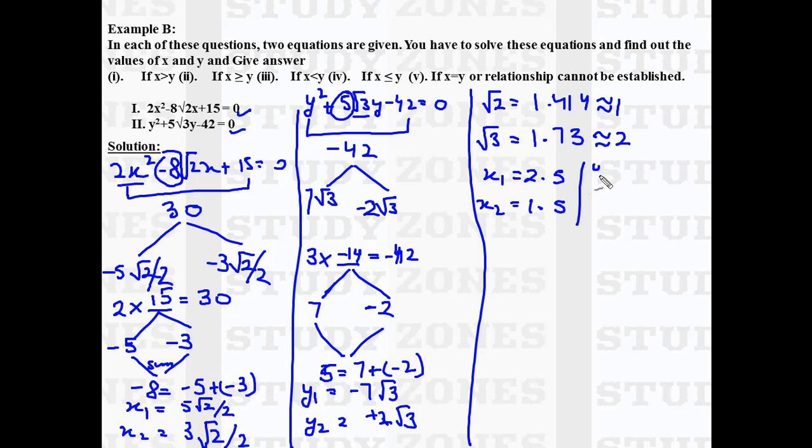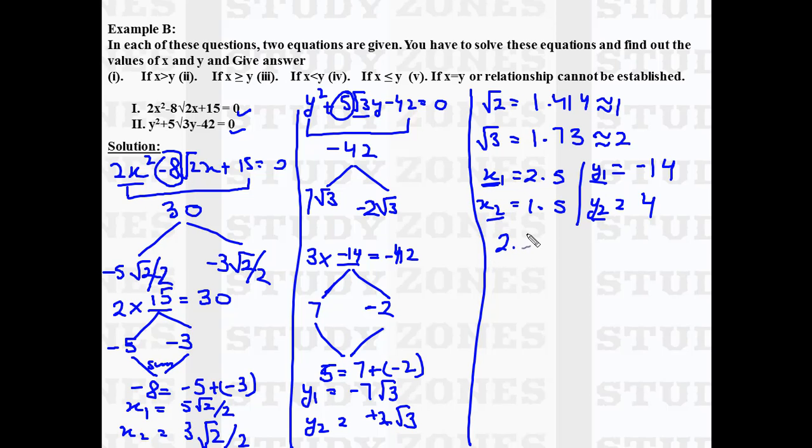Now same with y1, minus 7 into 2 equals minus 14 and y2 equals plus 2 into 2 equals 4. Now let's compare x1 with y1, x1 with y2 and x2 with both y1 and y2.